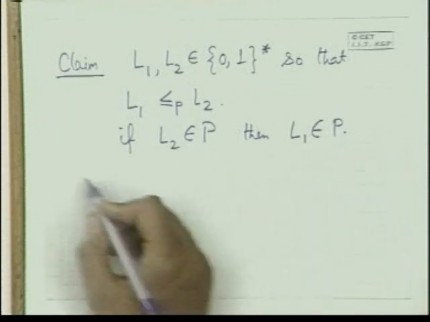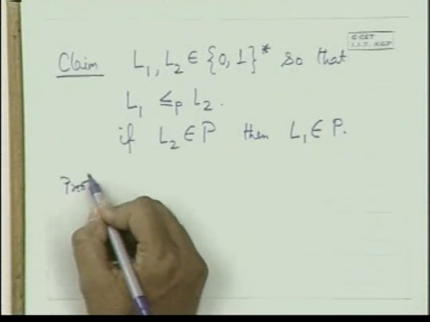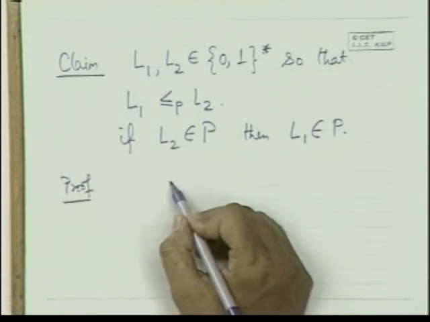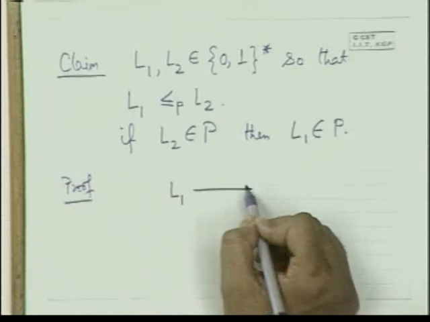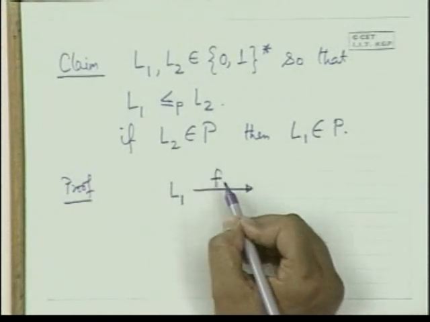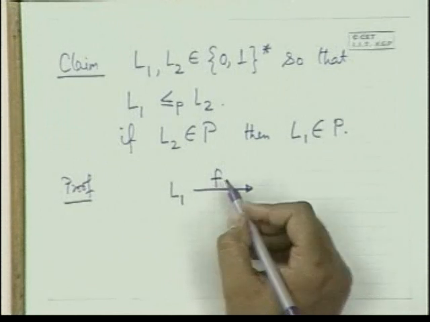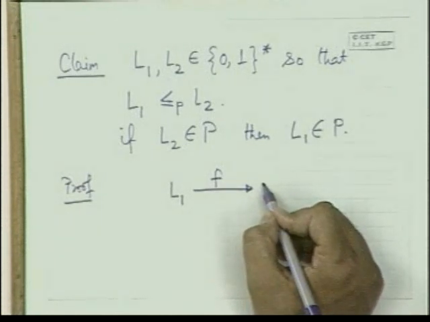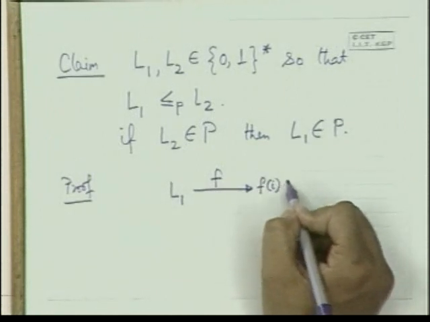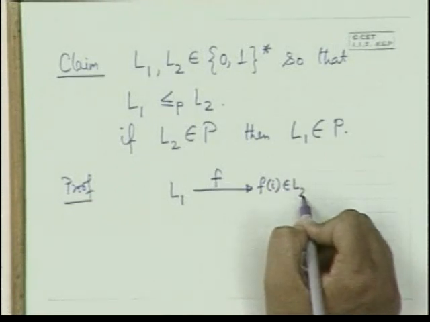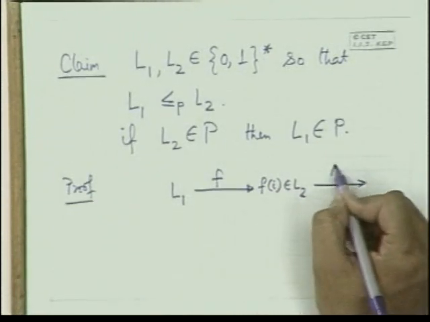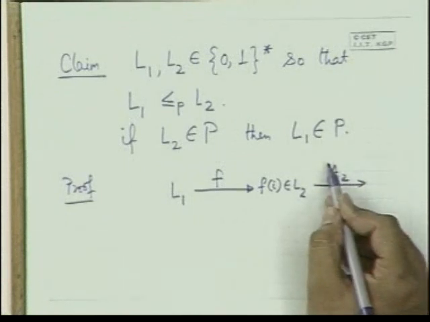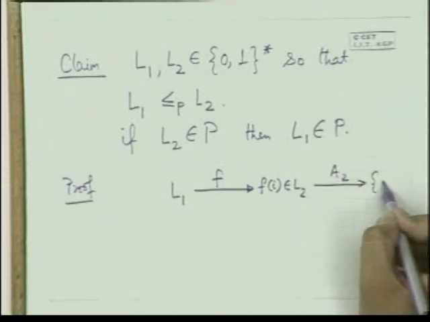And why? The proof is this diagram. For L1, you take the computable function f and transform the instance I, so f(I) will be in L2. Then you run your algorithm A2, which is polynomial time, and you get the answer 0 or 1.